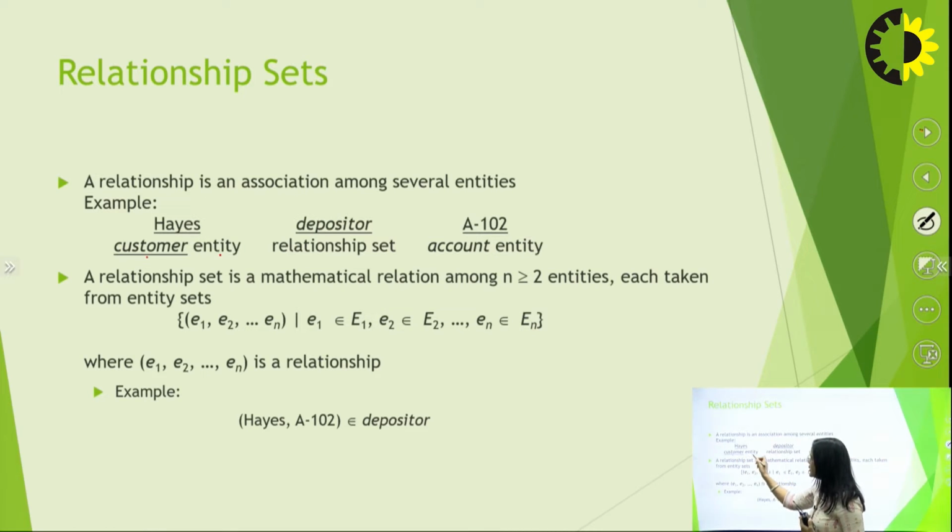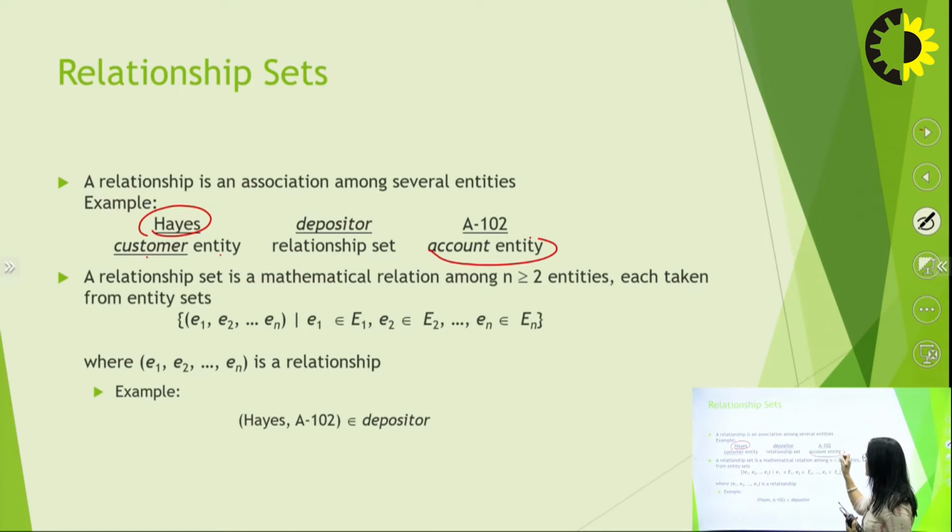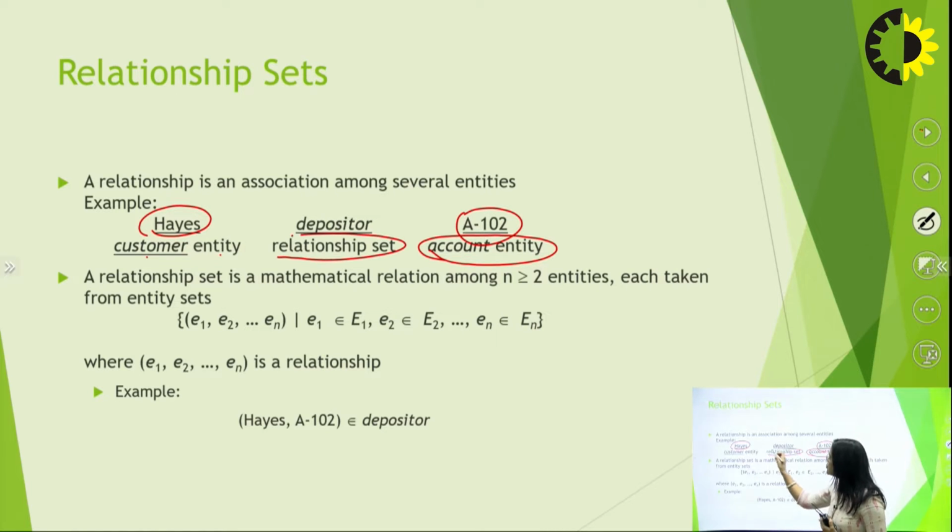If customer is an entity set, the customer name is Hayes, and that customer has an account in a bank, this is his account number. So what will be the relationship set? It can be a depositor relationship. This name can be suggested by the designer of the ER model. So this customer has a relationship with the account named depositor.